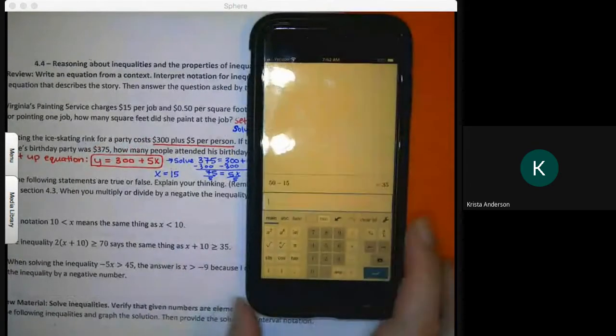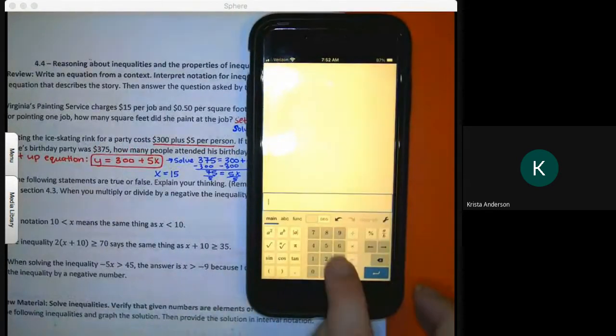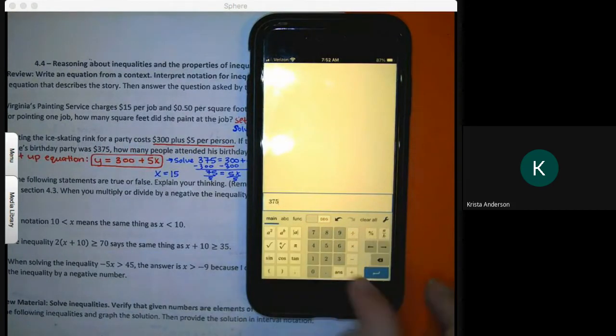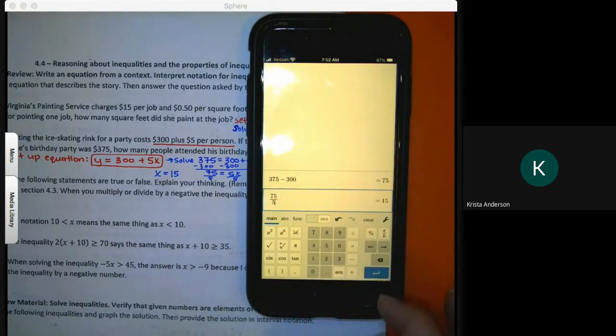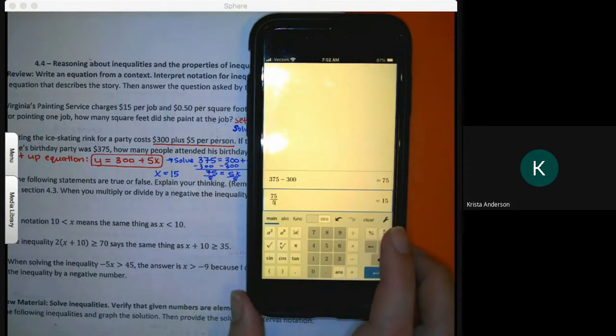I'm going to check my work. I had $375 total. I minus the 300 for the original price. 75 divided by 5 is 15 people.